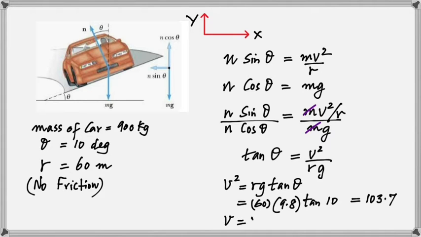That's the square of the velocity, so you got to take the square root, and you would get 10.2 meters per second. Now, it's clear from here that if the angle of banking was bigger, then it could have gone at a higher speed. That's why on racing tracks, the angle of banking is really big to enable them to go really fast without skidding off the road, okay?